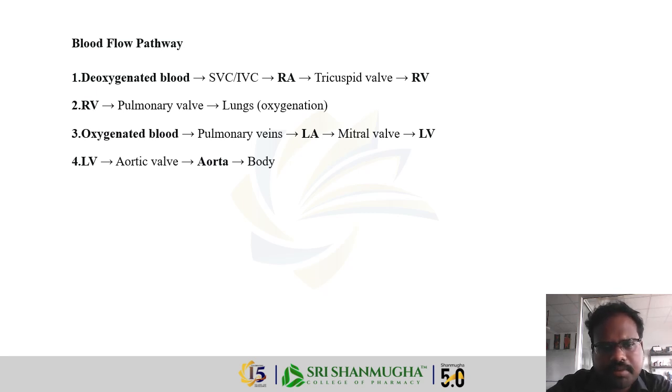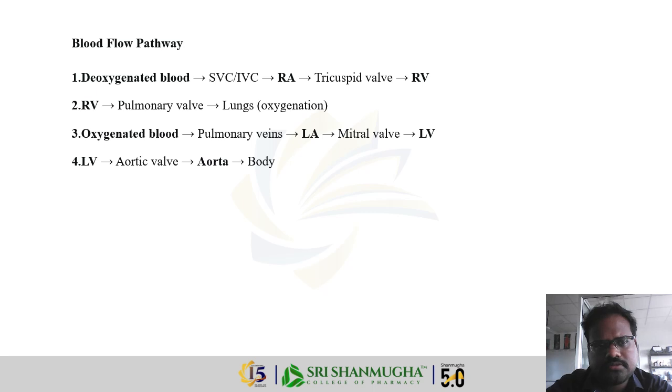Then the oxygenated blood comes from the pulmonary veins to the left atrium. Then the mitral valve opens and it goes to the left ventricle. Okay. Then the left ventricle pumps the blood through the aortic valve into the aorta, and from the aorta it goes throughout the body.